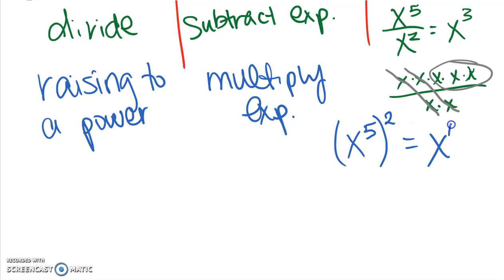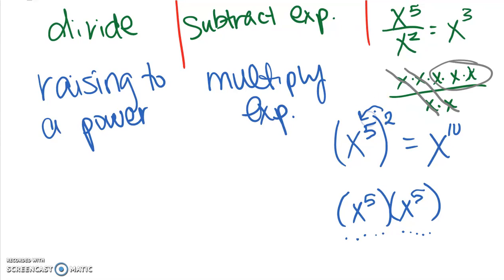And that equals x to the 10th. The reason why is because x to the 5th squared is x to the 5th times x to the 5th. So I would have 5 here and 5 here. So altogether you have 10. So that's why you just multiply. It's kind of like backwards distributing a little bit. So you multiply to get x to the 10th.